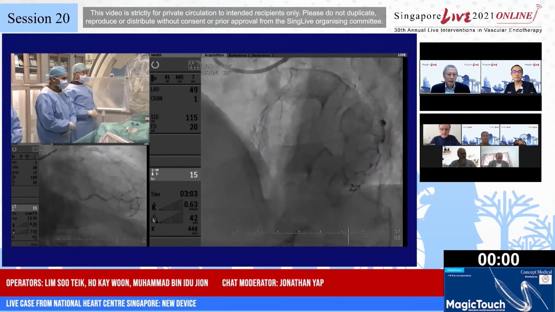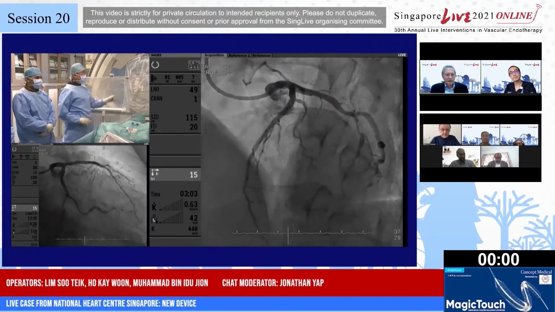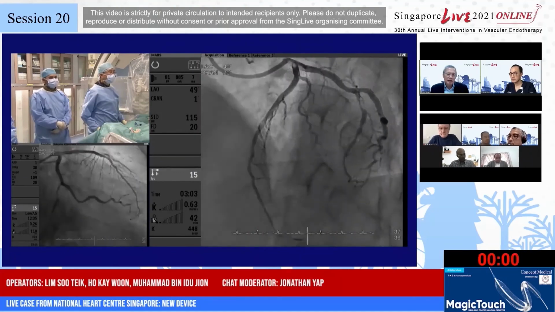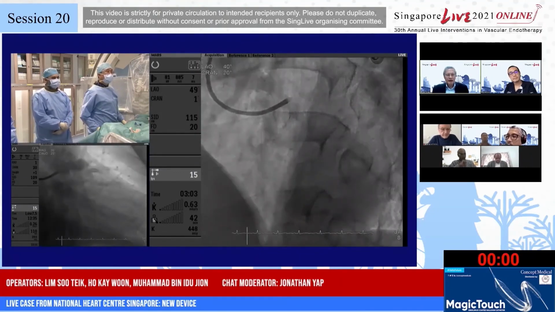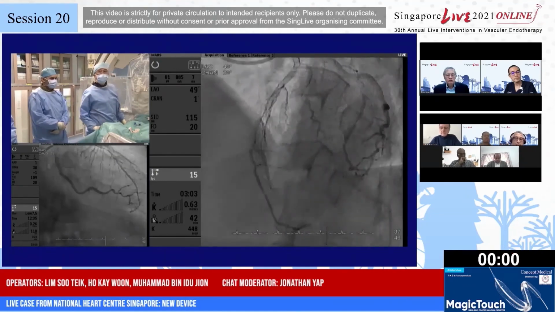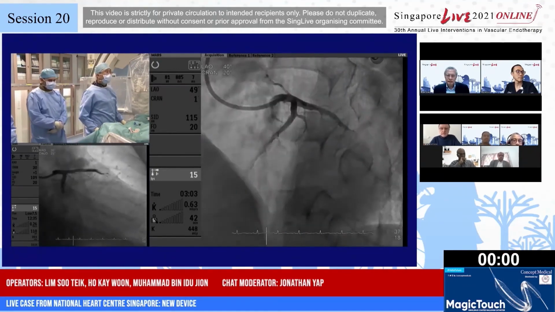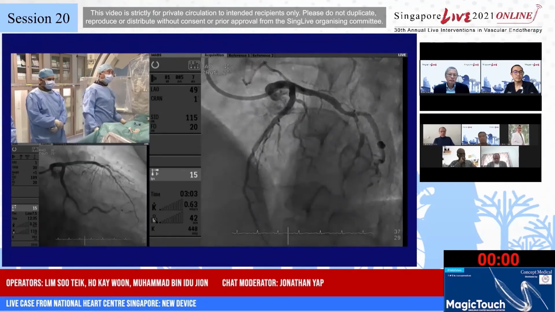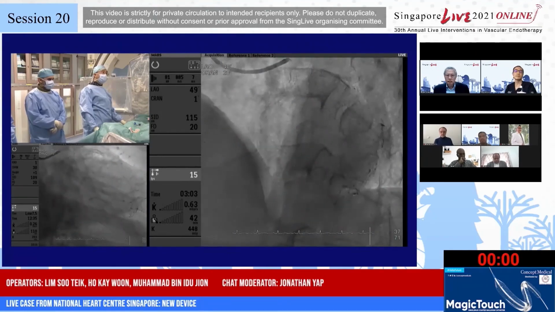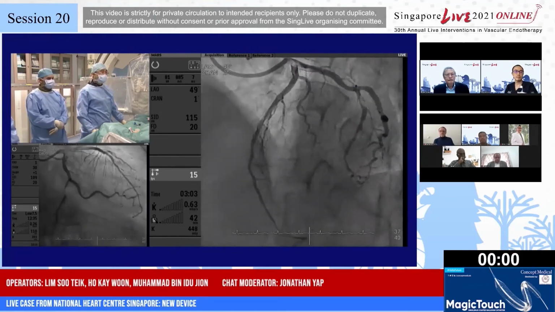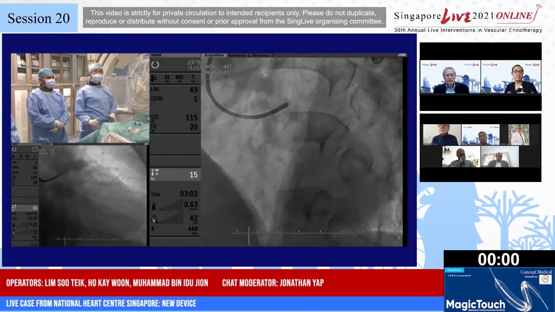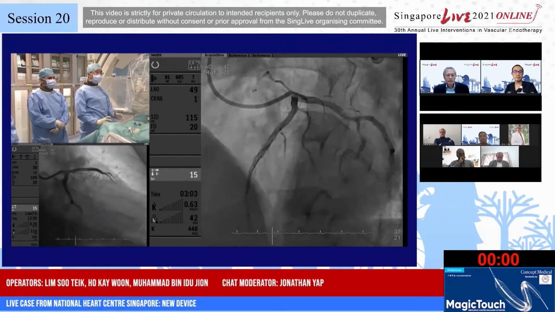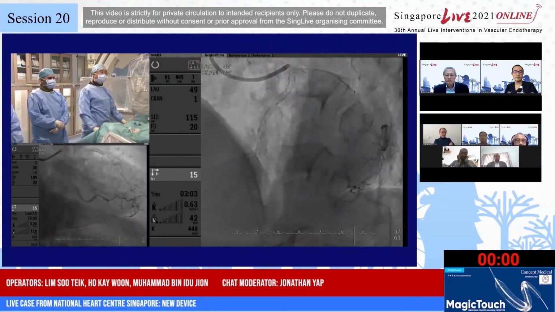Thank you. So Soo Teik, maybe you quickly summarize your conclusions and maybe give a very short answer to how long the DAPT will be for this stent. The original study used 1 year, but we don't have a shorter DAPT. I suppose that we can also use a 6 months DAPT, even though the clinical experience with this bioadapter is still fairly limited at this stage of the product development, like what Dr. Antonio mentioned.